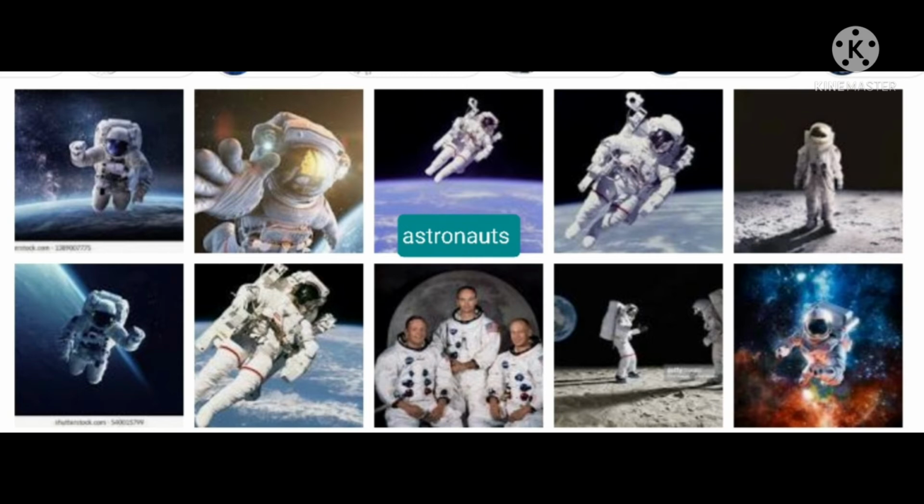They have got to take a lot of training before going into space. And you know that three of the famous Indian astronauts' names I told you earlier are Rakesh Sharma, Sunita Williams, and Kalpana Chawla.